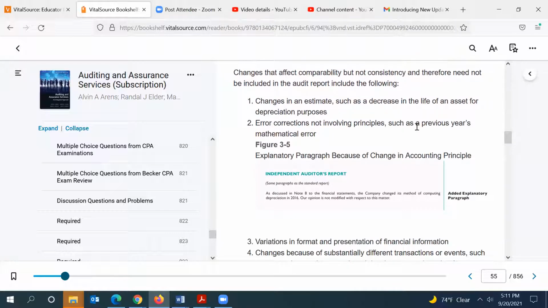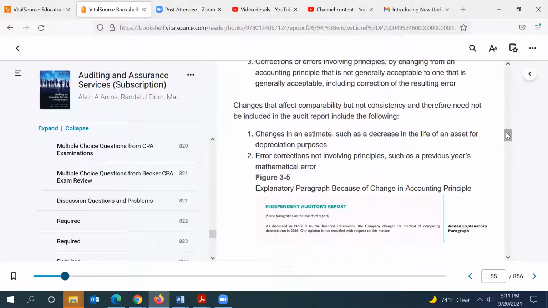Well, then there are some changes that affect comparability but not consistency, and therefore need not be included in the audit report. So these things involve the following. There's no change of accounting principle here, except one kind is. I'll show that to you in a second. First thing, changes in an estimate, such as a decrease in the life of an asset for depreciation purposes. So it used to be 5 years, now we've decided it's only going to be 3. That's okay. We can do that as a client. Hopefully the auditor agrees with it.